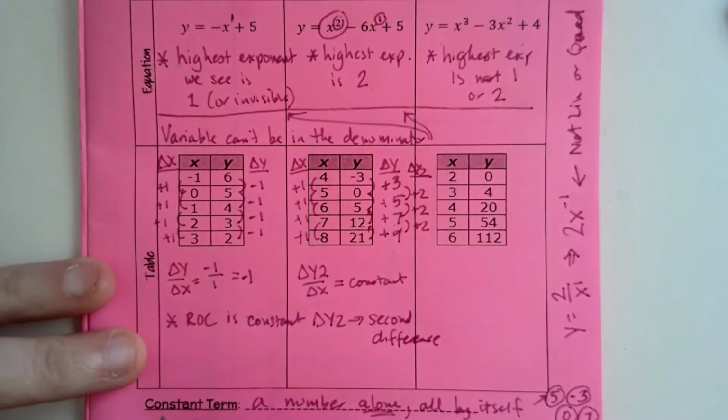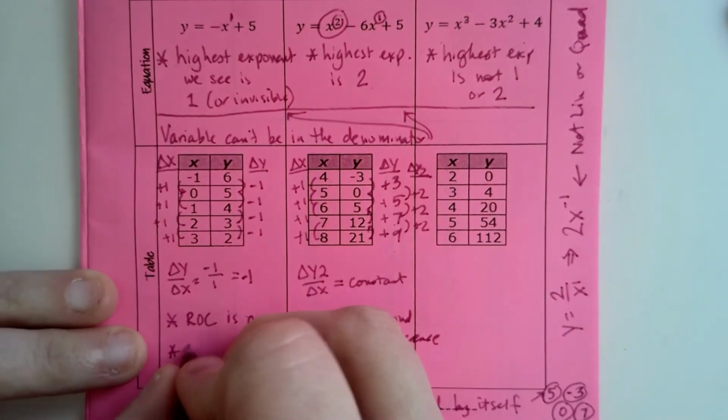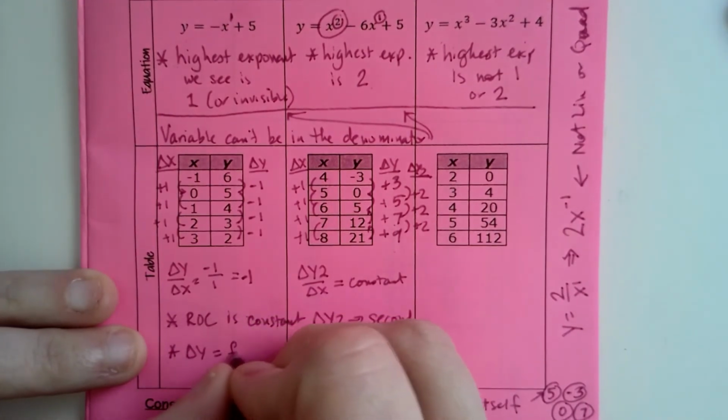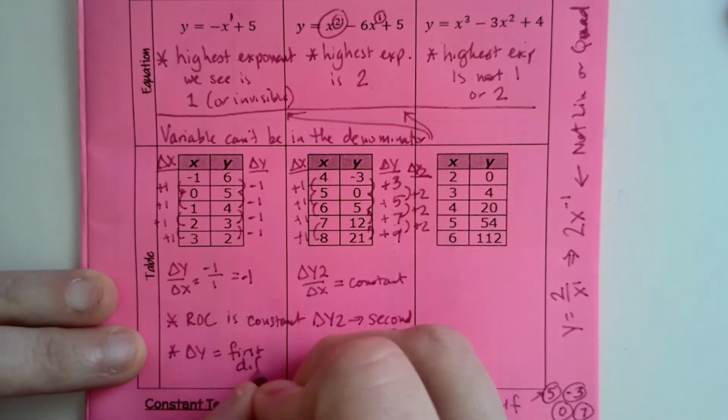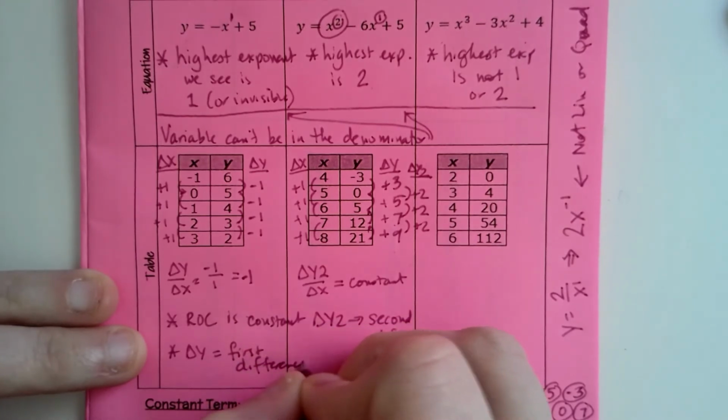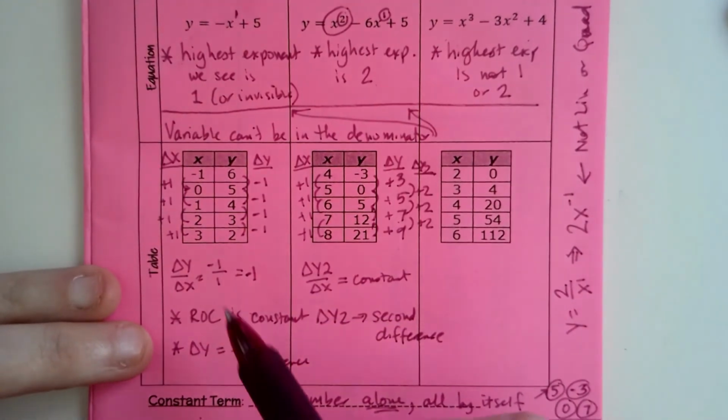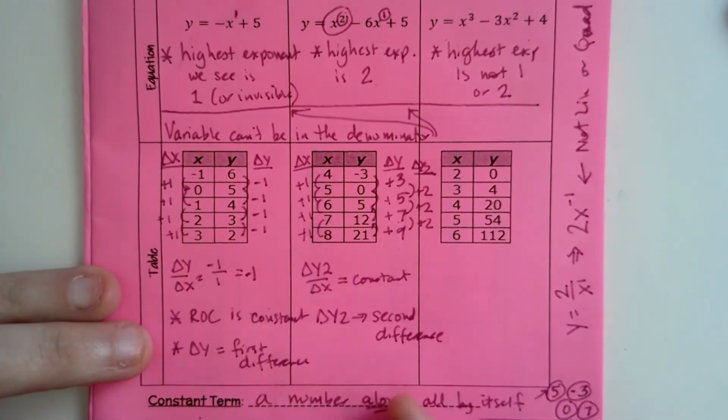What do you think we call delta y? Delta y is the first difference. And for a linear function, the first difference is constant.